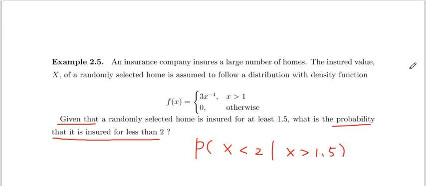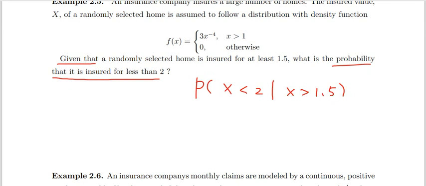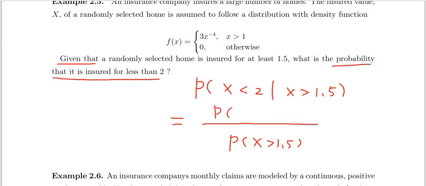So this conditional probability equals the probability of x larger than 1.5 and x between 1.5 and 2, right? For those probabilities, we just need to find this integration.